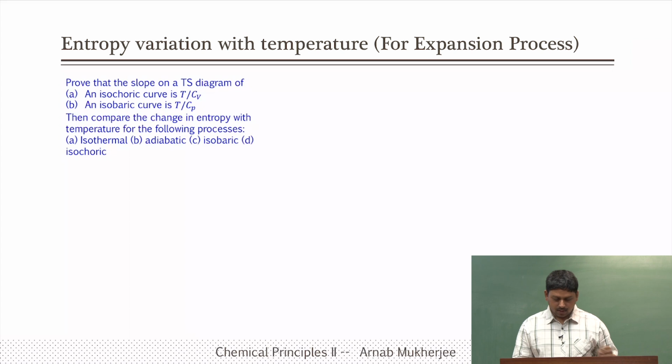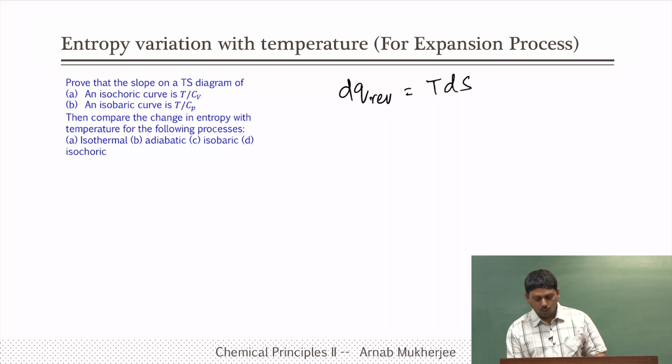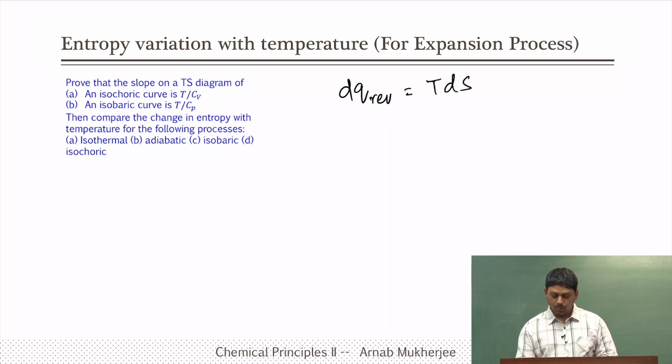Prove that the slope on a TS diagram of an isochoric curve is T by Cv and of an isobaric curve is T by Cp. Okay. So, we know that dq reversible is Tds, right. Now, dq for a constant volume, isochoric process, is Cv dT.